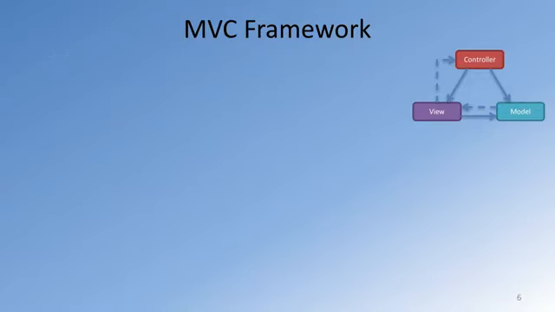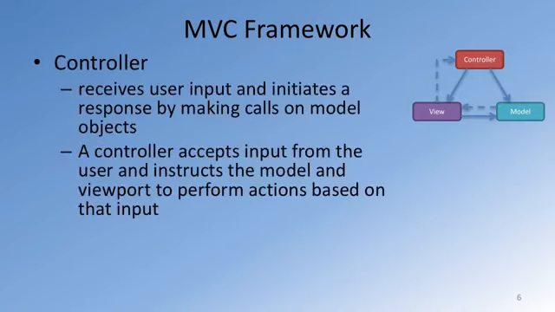The third piece of the puzzle in the MVC framework is the controller. The job of the controller is to receive information from the view, so any user interaction that is performed will be captured and then passed on to the controller in order to act on these user interactions. And it is the job of the controller then to initiate a change of the state of the model if it is required in this particular situation. So the controller will appropriately cause the change of the state of the model.